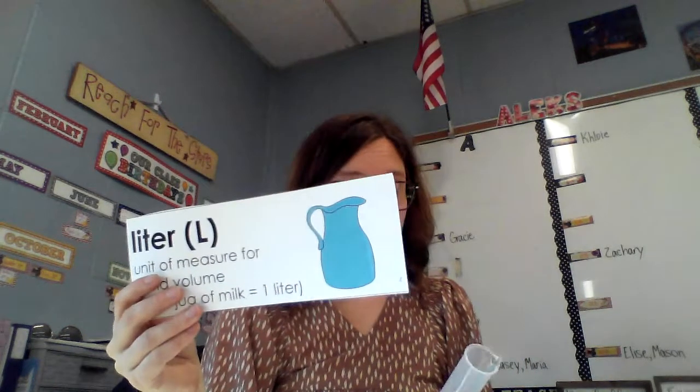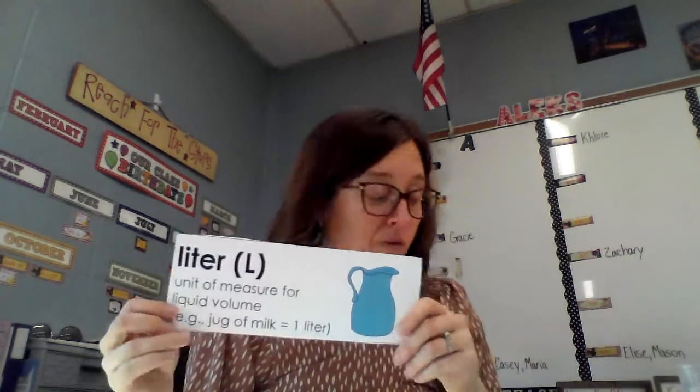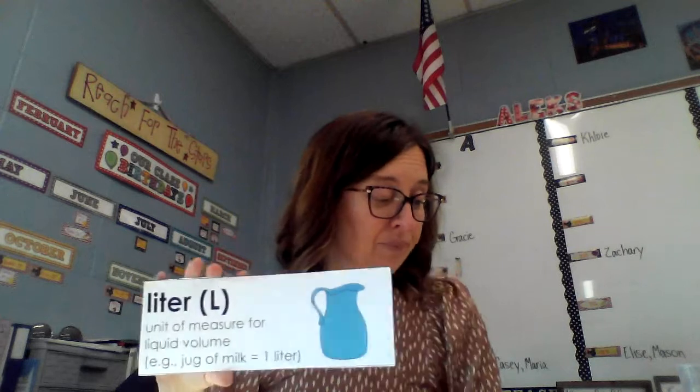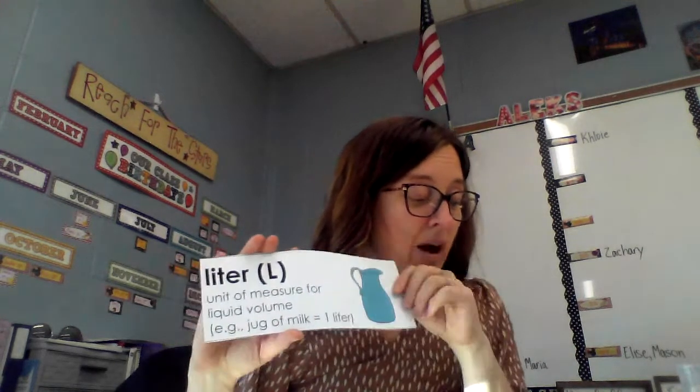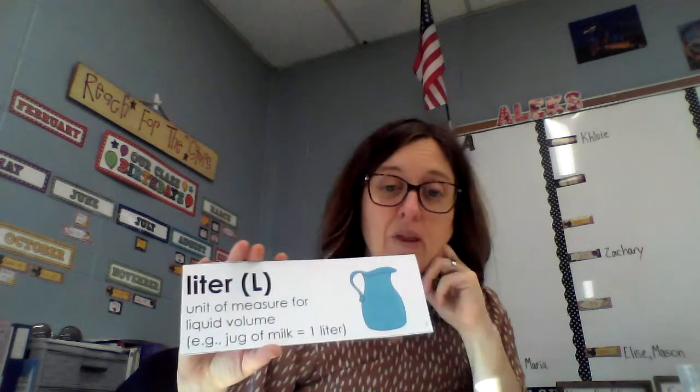Now, there are certain units that we use to measure capacity, okay? And one of those is called the liter. A liter is one unit that we use to measure liquid volume, or the capacity of something, okay? Now, a liter is going to be our main one.